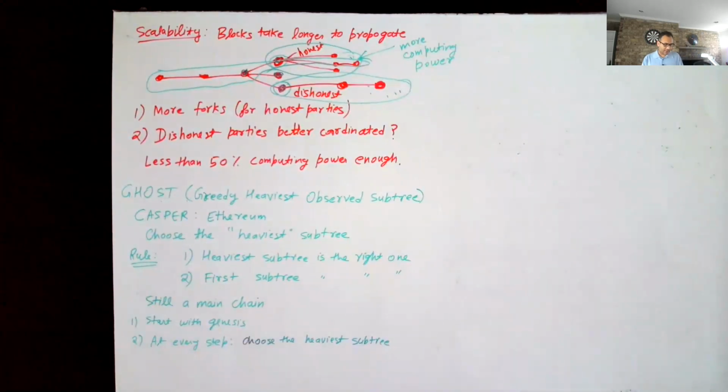So last time in Bitcoin, we saw the nice property that a long chain tends to get longer and longer, which is a very nice stability property.